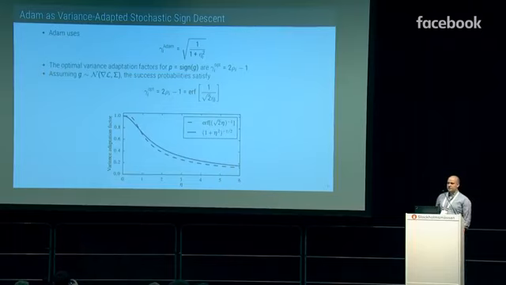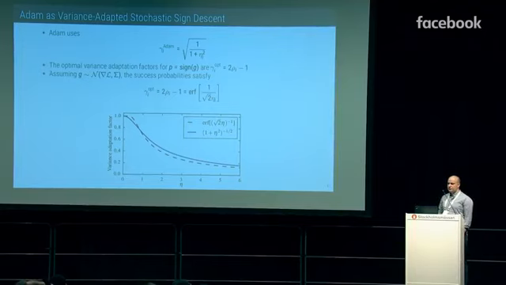Okay, now the big question is, is Adam consistent with this notion of variance adaptation? And the answer is kind of. So Adam uses these factors here, and the lemma just told us that the optimal variance adaptation factors are 2 rho_i minus 1.